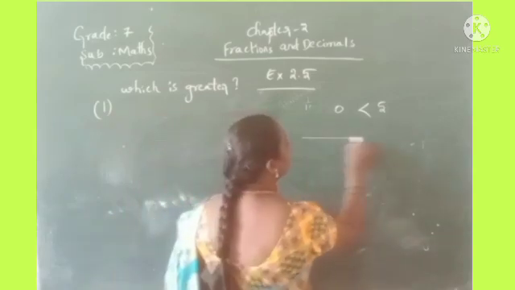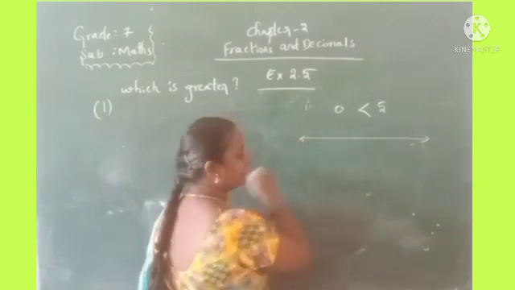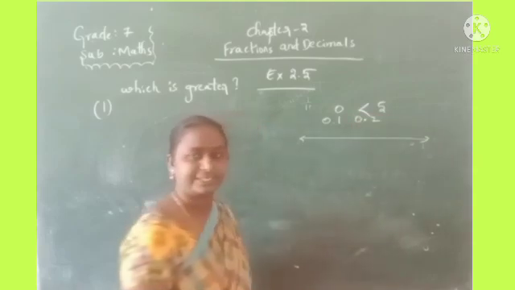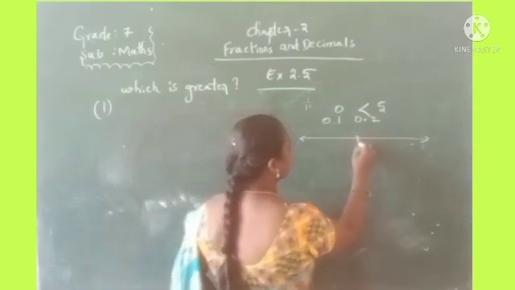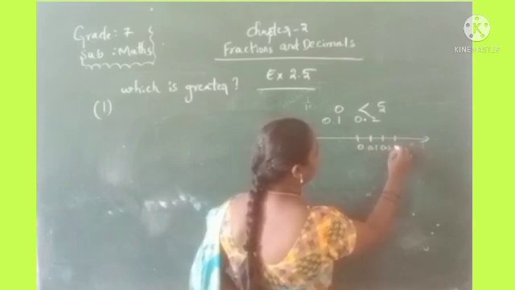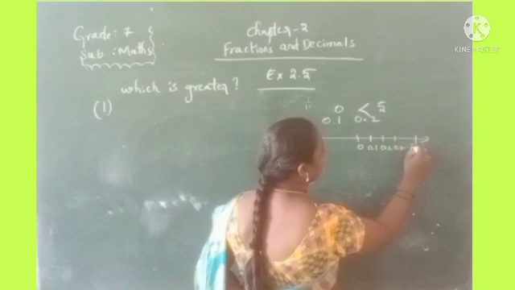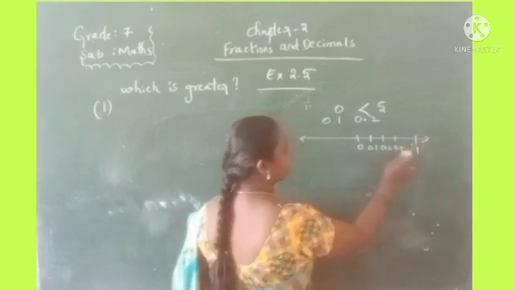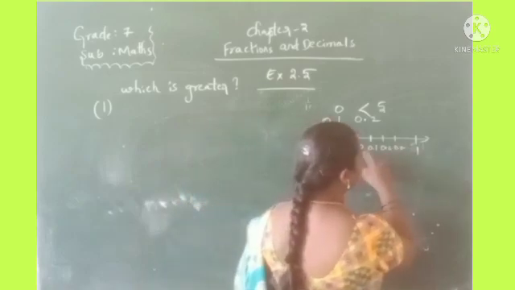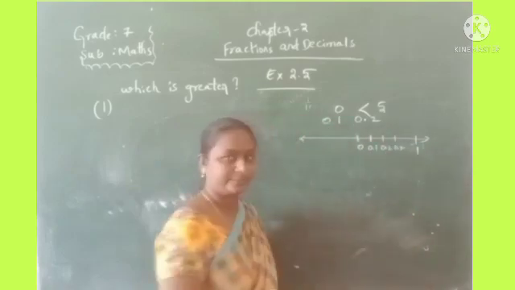In the number line, I explained to you 0.1 and 0.2. Which one is greater? Here 0.1, 0.2, 0.3 and so on. Here 1 is there. Between 0 and 1 are 0.1, 0.2, 0.3. The scale is divided into 10 parts.